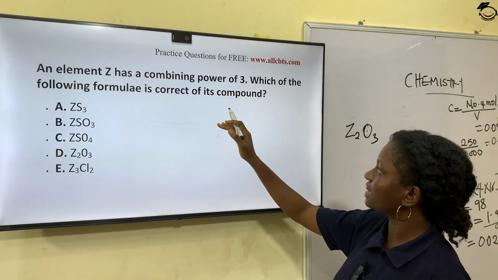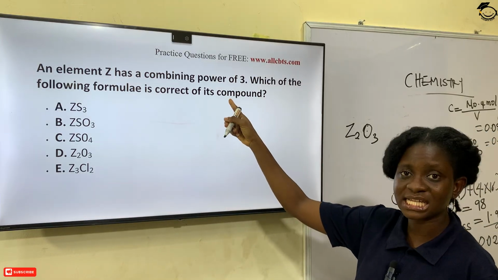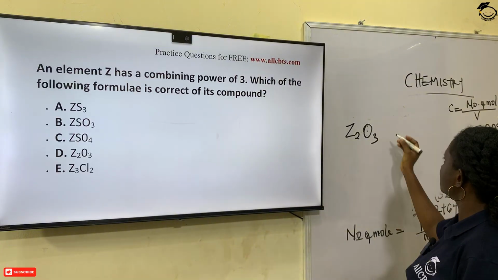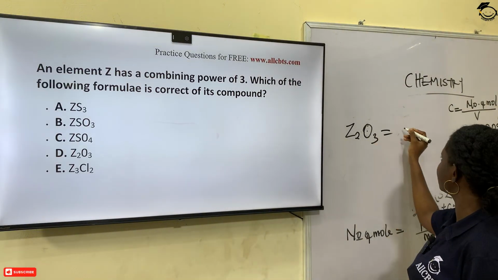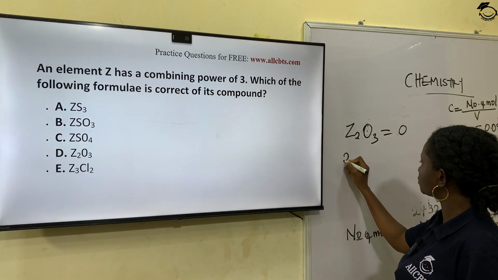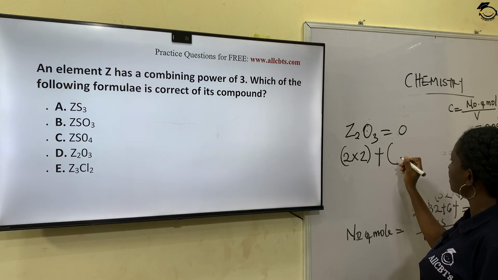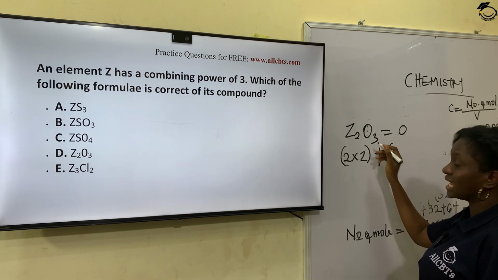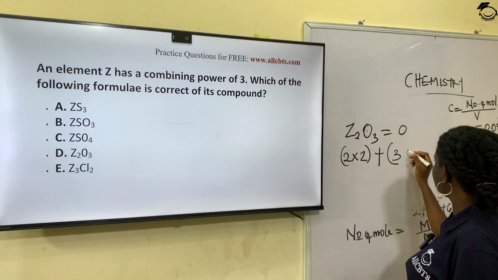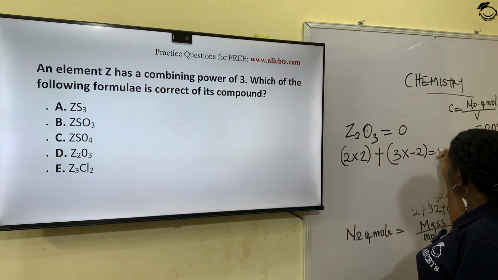We have to calculate to verify if Z has a valency of 3. The charge here is neutral, 0. So we have Z2, that means 2 times Z plus 3, and the valency of oxygen is -2, that's times -2 is equal to 0.